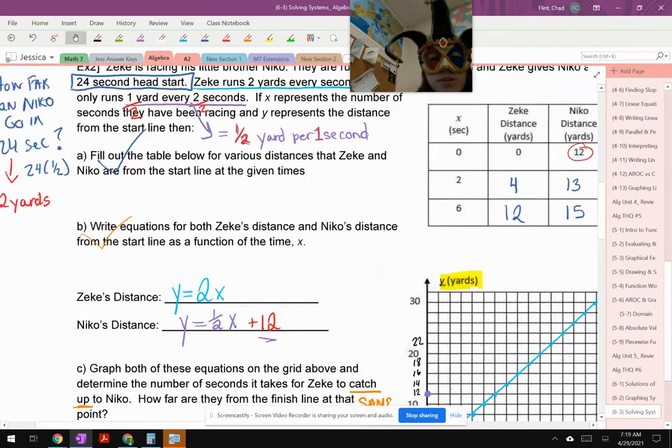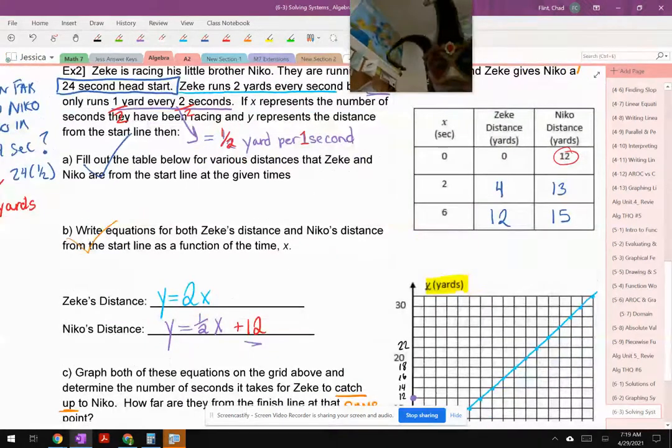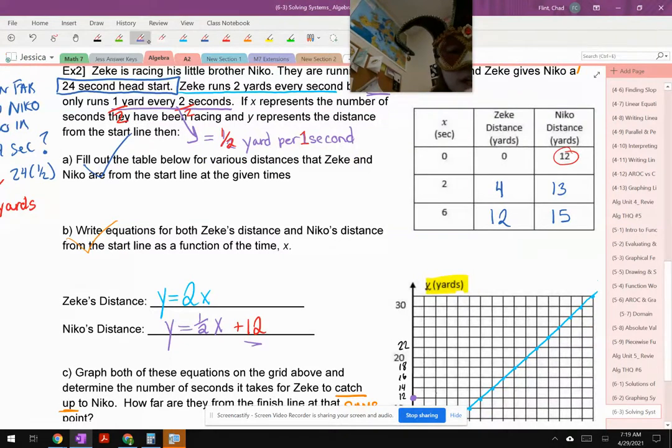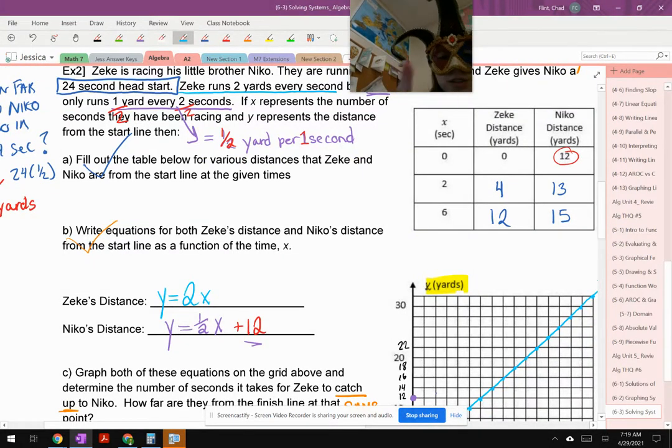But we want to do something a little easier than that. So let's convert it into 2 yards. If it takes 2 seconds for 1 yard, that means for 2 yards, it's going to take 4 seconds.